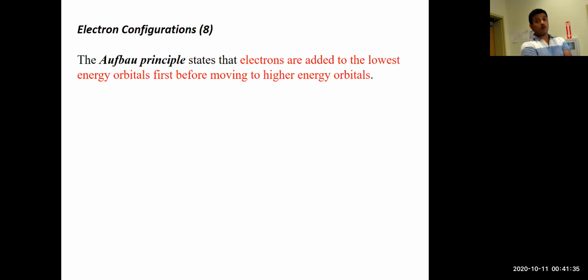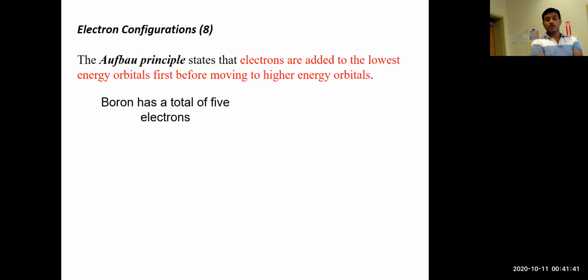Let's work on boron now. Again, write the electronic configuration with me so you can compare how you are doing. So boron, atomic number is 5, so you should have 5 protons, so you should have 5 electrons, and you should start filling from the bottom.